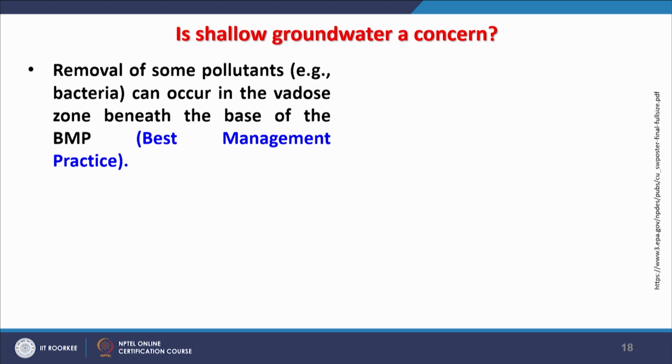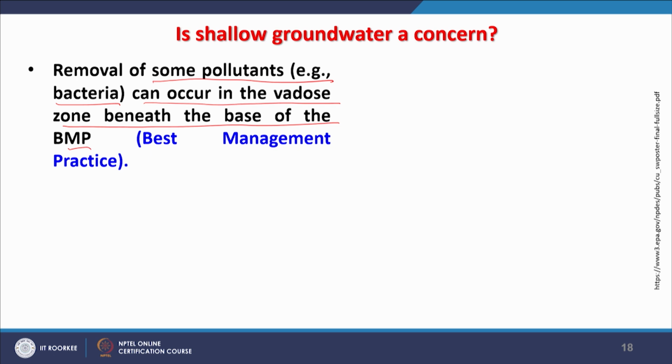But there are problems of shallow groundwater conditions, as I also gave the example of some places in Punjab and Haryana, where salt is being brought up and ruining our agricultural production. Also, these waters become easily polluted. Removal of some pollutants, for example bacteria, can occur in the vadose zone beneath the base of the BMP, that is the best management practice.